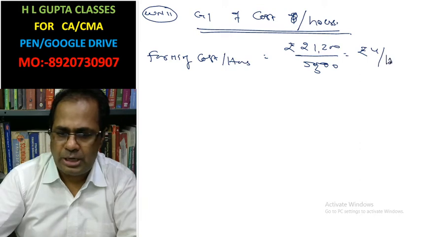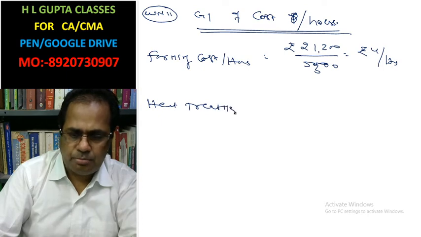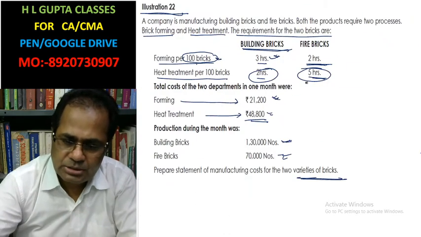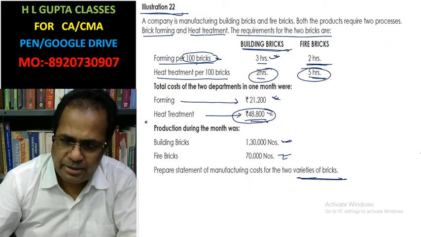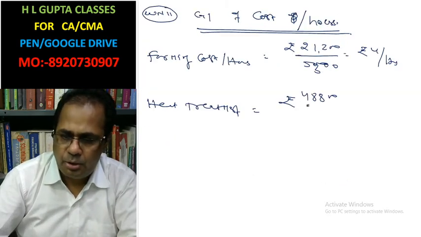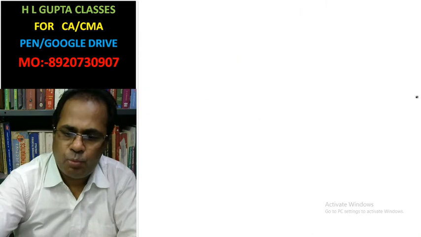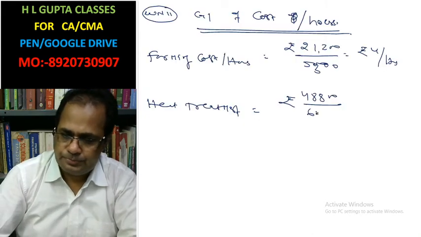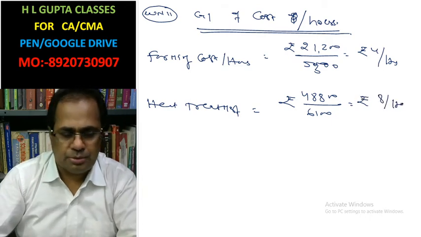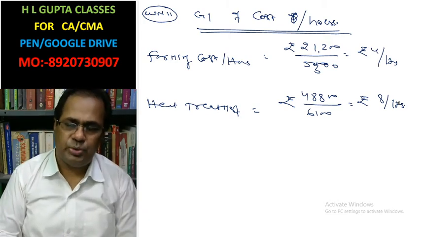Heat treatment: total cost of heat treatment is given there, 48,800. What is the time? Heat treatment time is 6,100. So 48,800 divided by 6,100 is rupees 8 per hour.